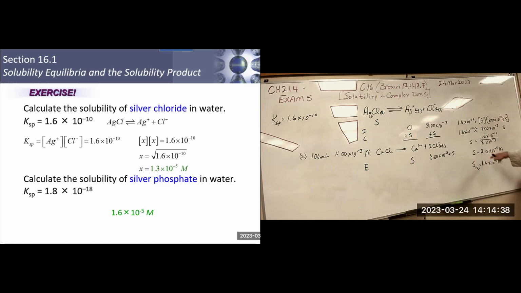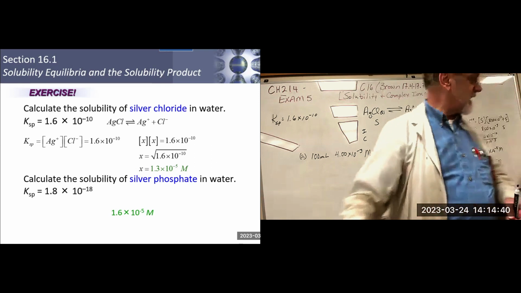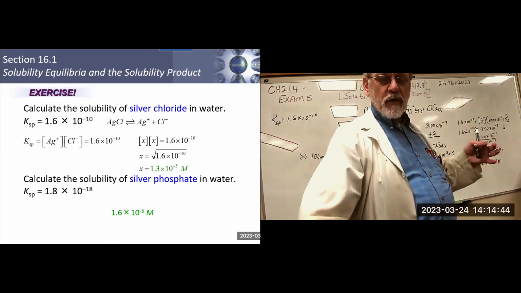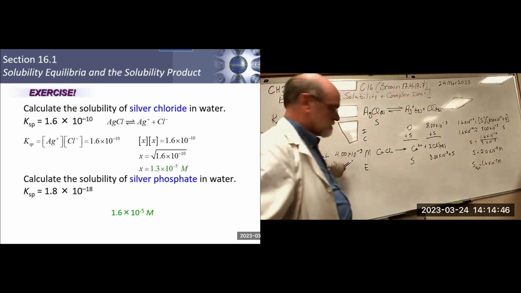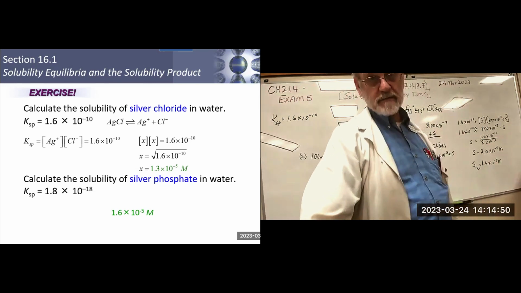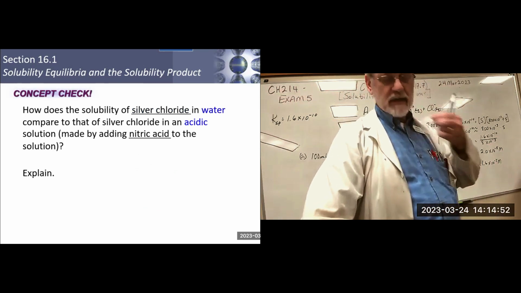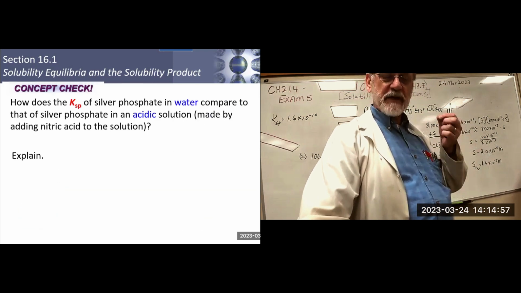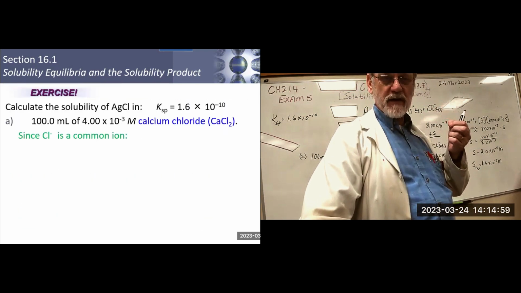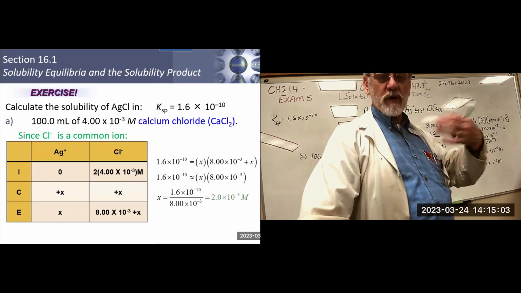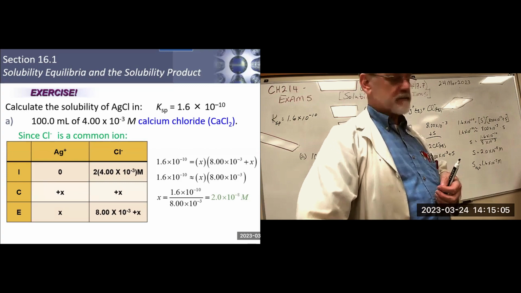So for comparison, we find that the solubility of silver chloride in this solution has decreased by 3 orders of magnitude. But the solubility product hasn't changed. It's just simply the fact that we have a common ion there that's preventing more of the silver chloride going into solution.